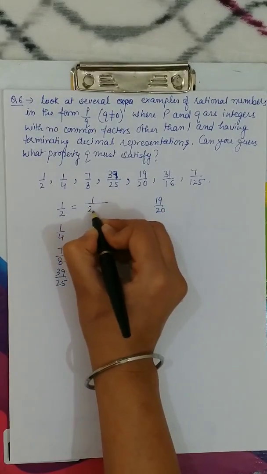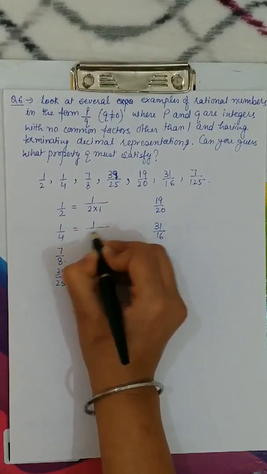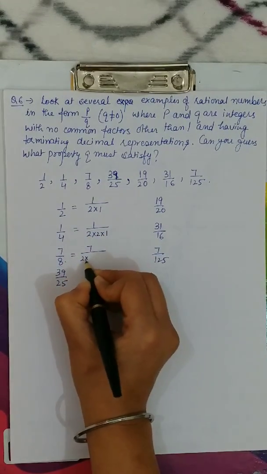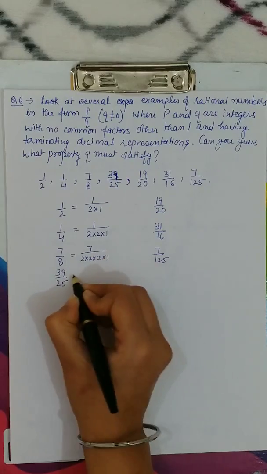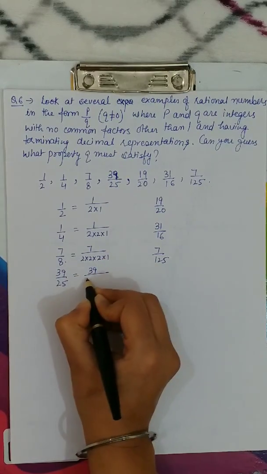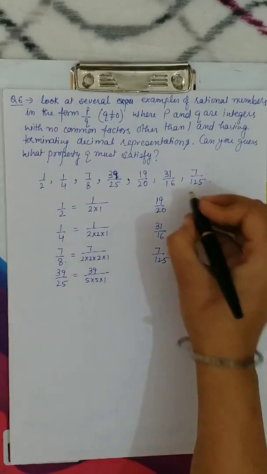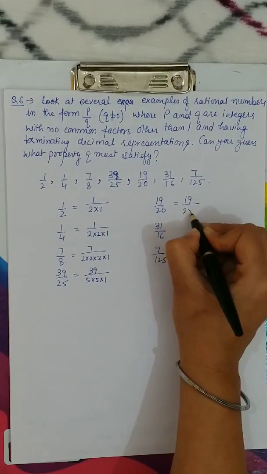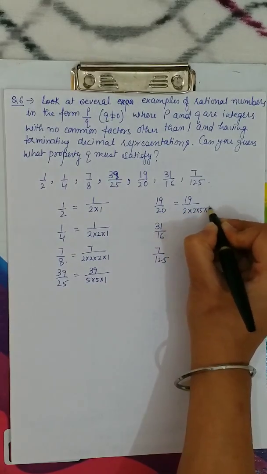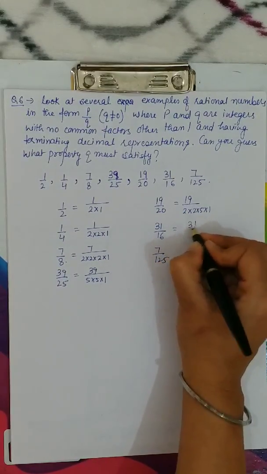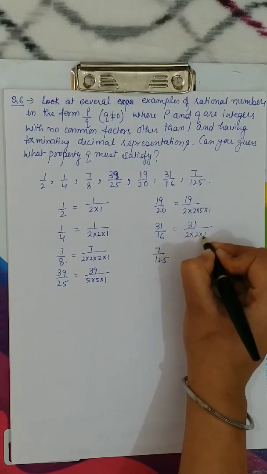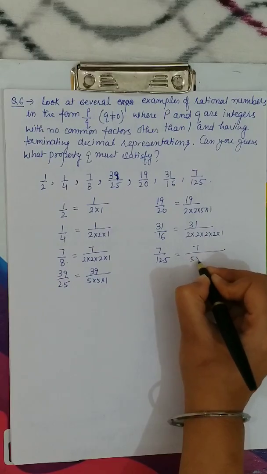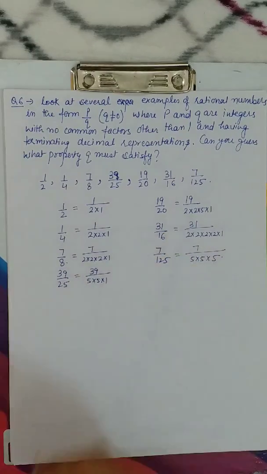The denominators can be written as 2 into 1, 2 into 2 into 1, 2 into 2 into 2 into 1, 5 into 5 into 1, 2 into 2 into 5 into 1, that is 2 into 2 into 2 into 2 into 1, and this is 5 into 5 into 5.